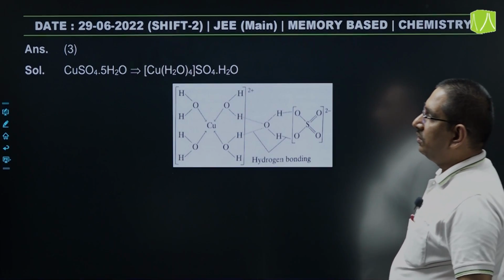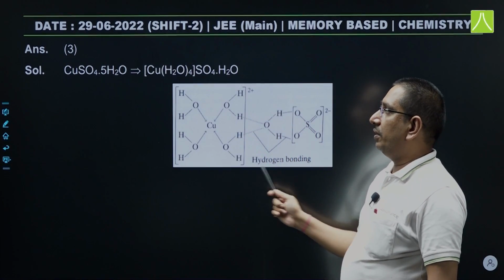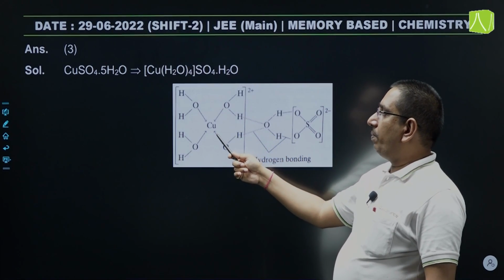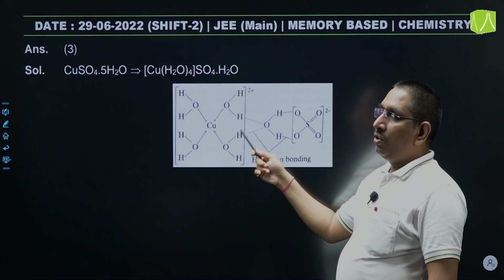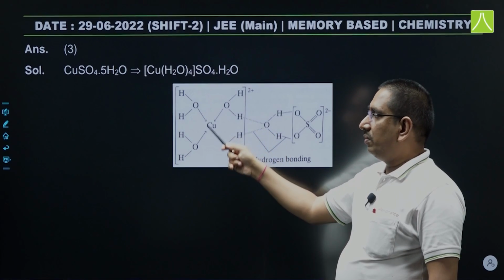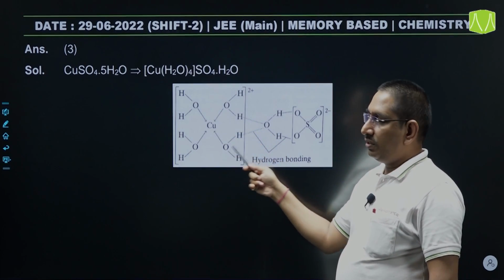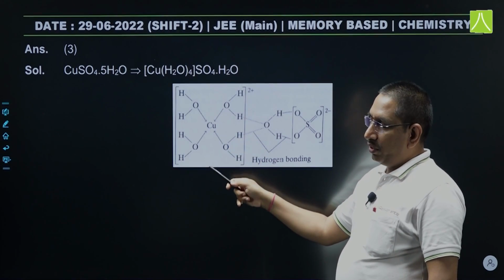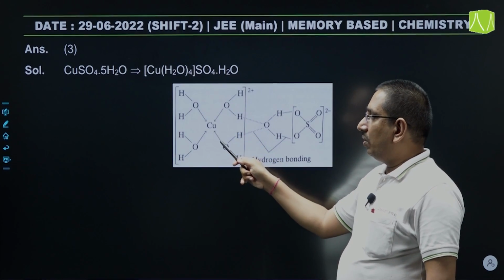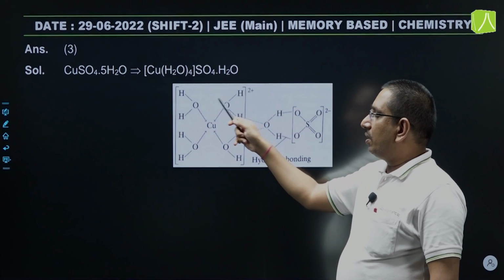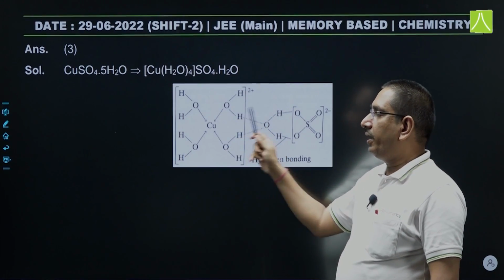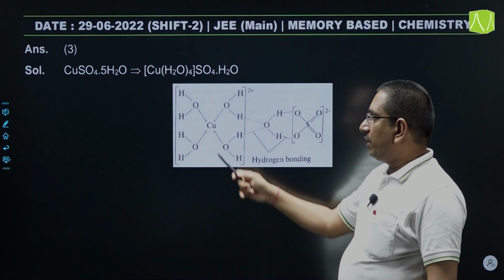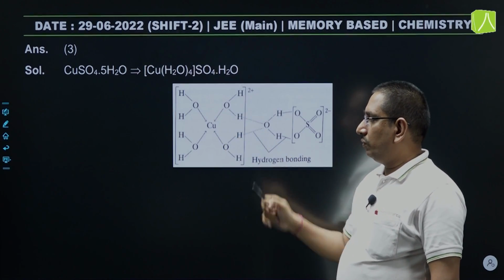If you see this CuSO4·5H2O structure, here actually copper is bonded with 4 water molecules with coordinate bonds, that means 4 water molecules are forming coordinate bonds, that means copper and oxygen bonds are formed between water molecules by coordinate covalent bonds. Here copper coordination number is 4.